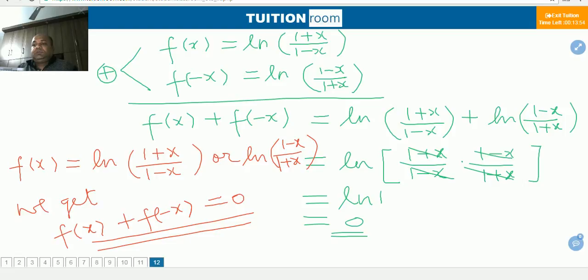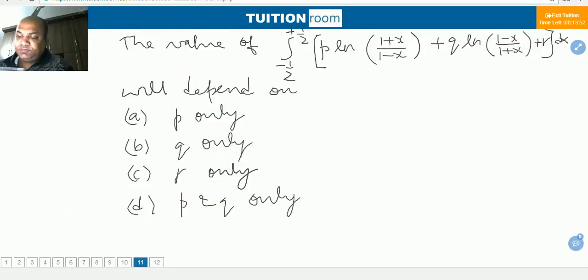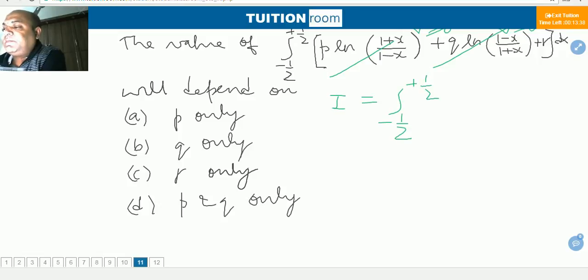Now open the bracket: the integral from 0 to a of f(x) dx plus the integral from 0 to a of f(-x) dx. Don't disturb the first part and disturb only this part.